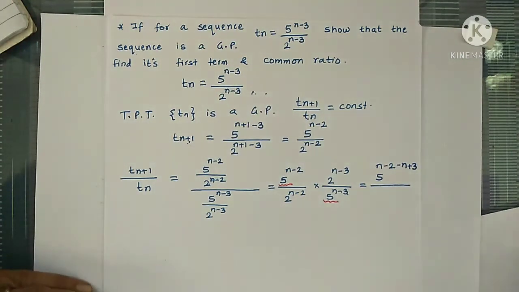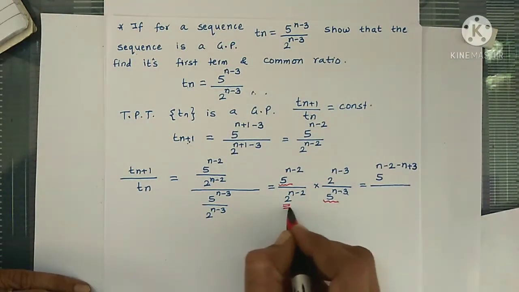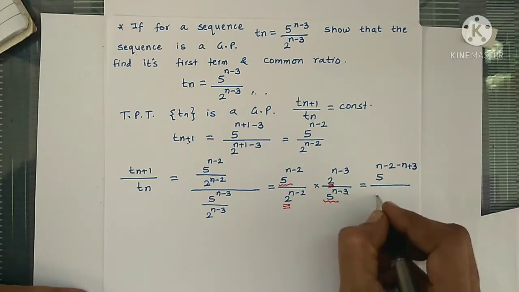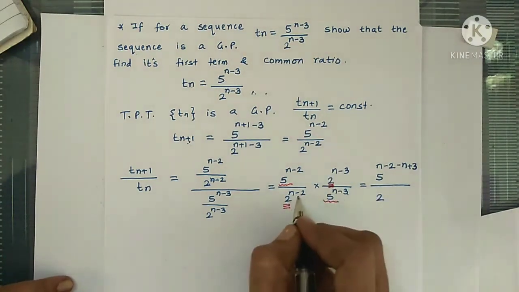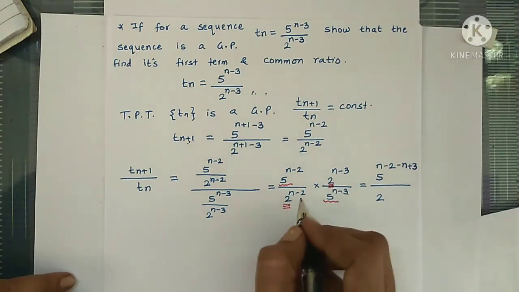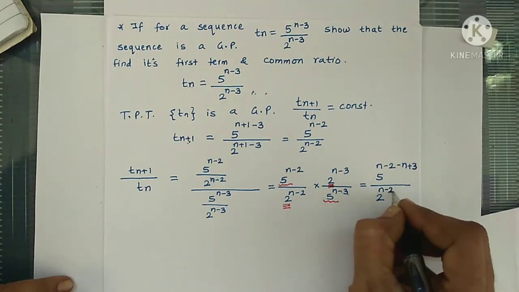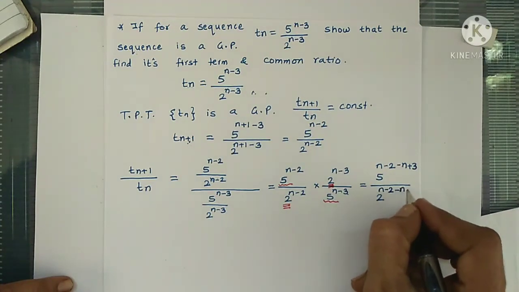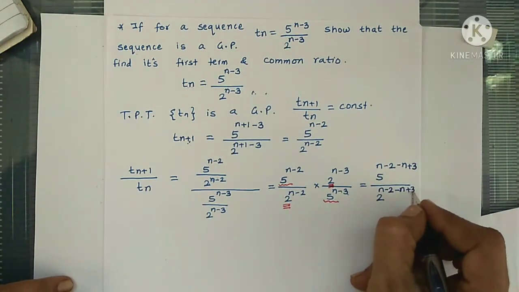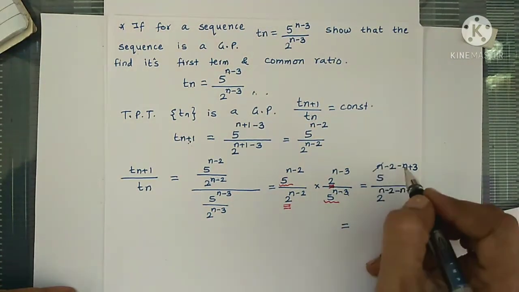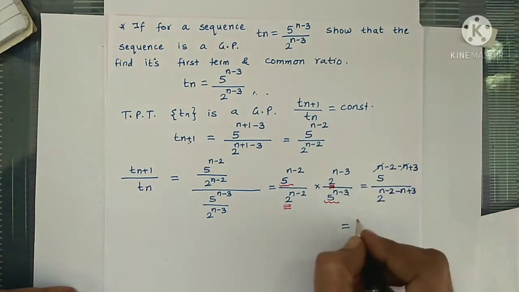Similarly, these two terms, they have same base 2. Now 2 raised to, again we have division, so n minus 2 minus n minus 3. So subtracting, that means change the sign, minus n plus 3. So what we get is, here n gets cancelled and 3 minus 2 is 1.